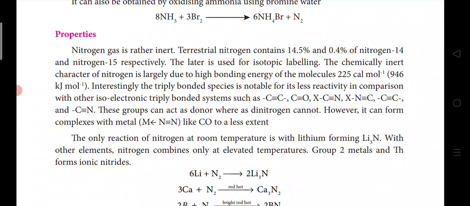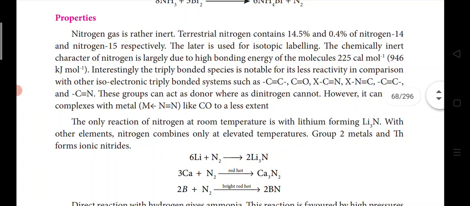The chemically inert character of nitrogen is largely due to the high bonding energy of the molecule, that is 225 kcal per mole. Interestingly, the triply bonded species is notable for its lower reactivity in comparison with other isoelectronic triply bonded systems. So if you see, we have N triple bond N, that is nitrogen. Other than that, we can see C triple bond C, C triple bond O, and cyanides, isocyanides, alkynes, all these are triply bonded.